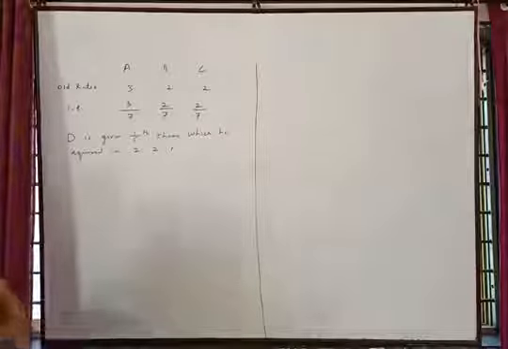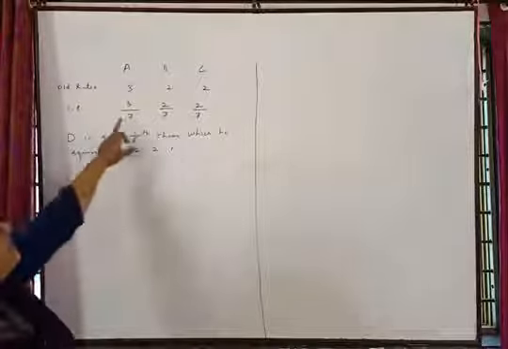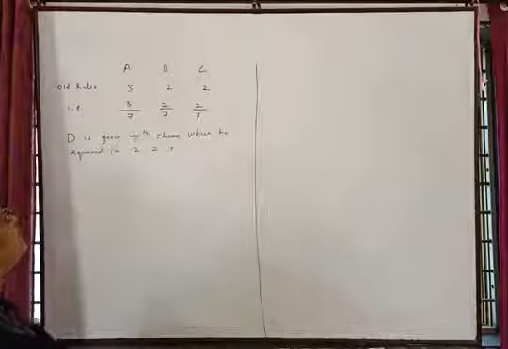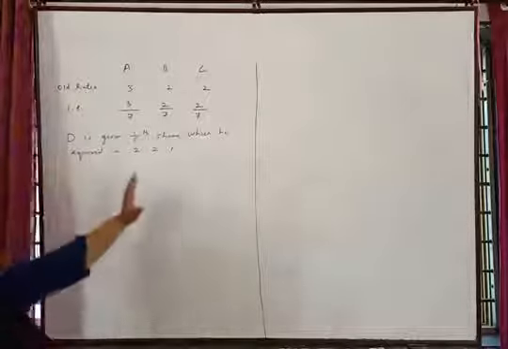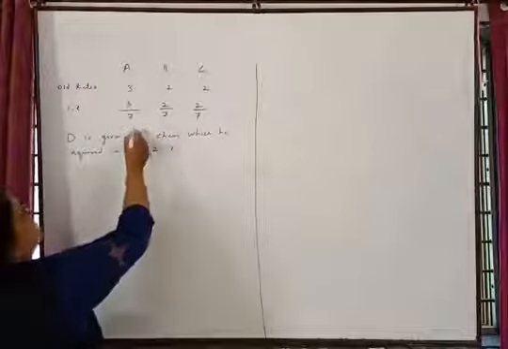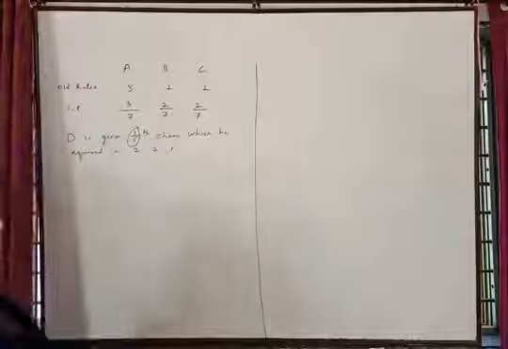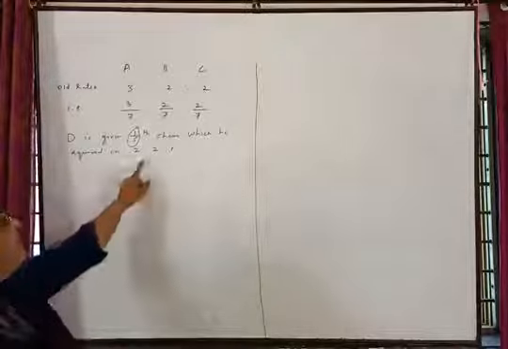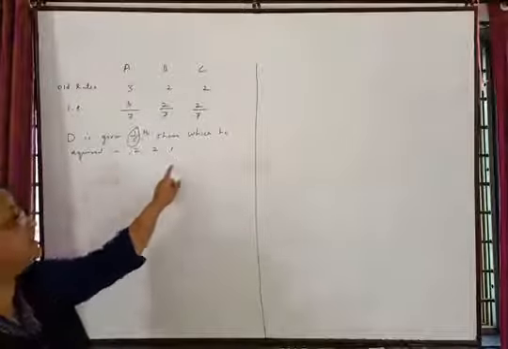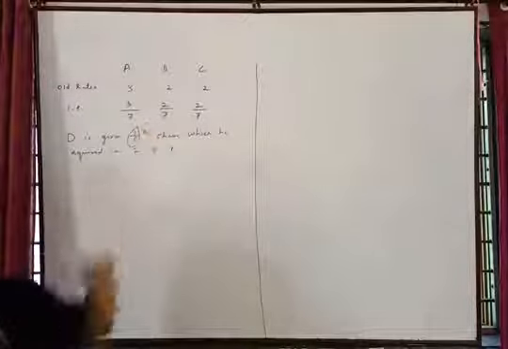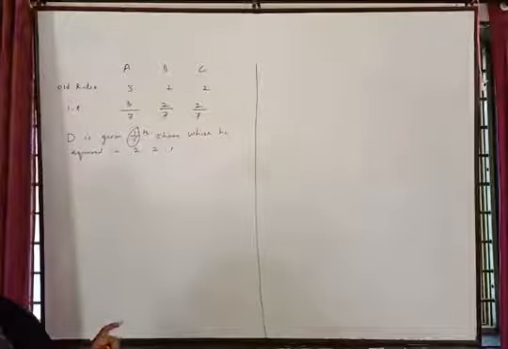The old profit sharing ratio of A, B and C is 3/7, 2/7 and 2/7. D is the new partner. He is getting a 1/5 share from the business, and he is acquiring his share in the ratio of 2:2:1 from A, B and C. So first we will calculate the sacrifice of A, B and C.